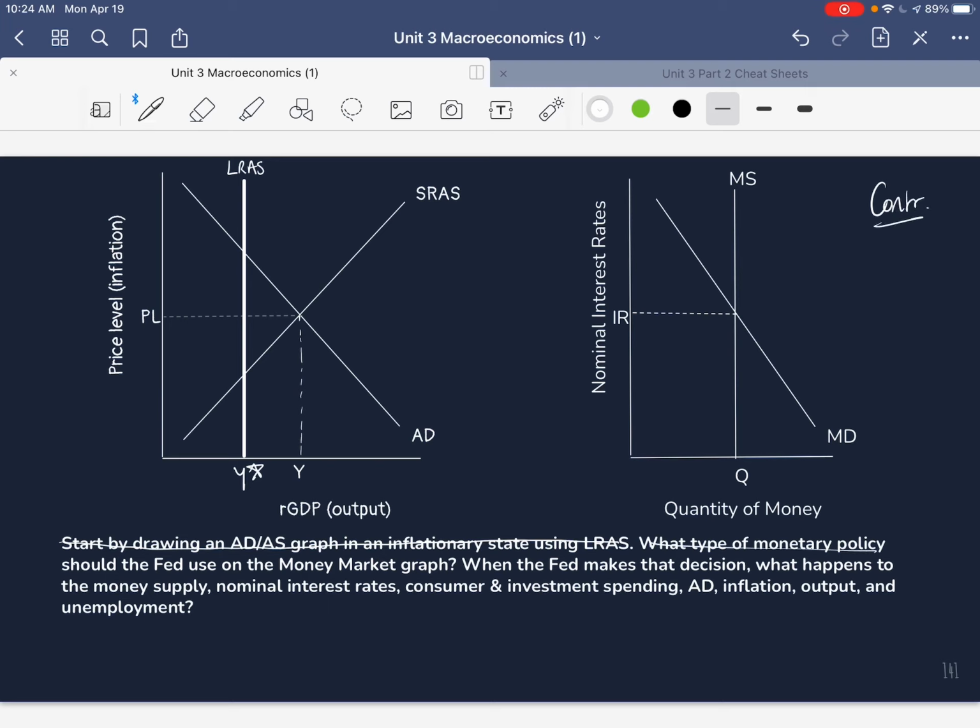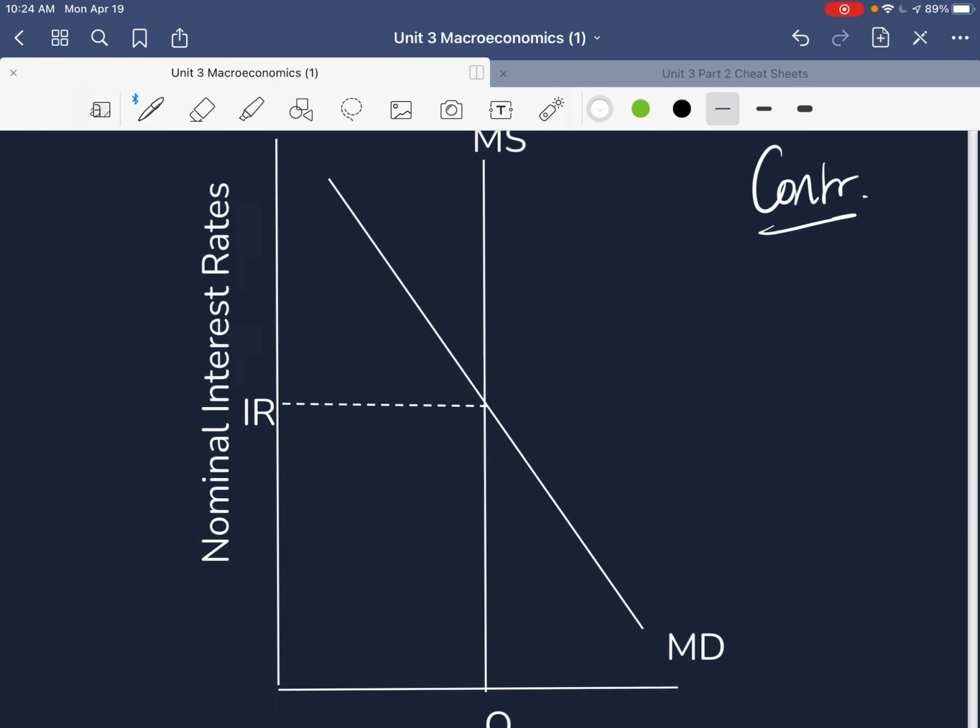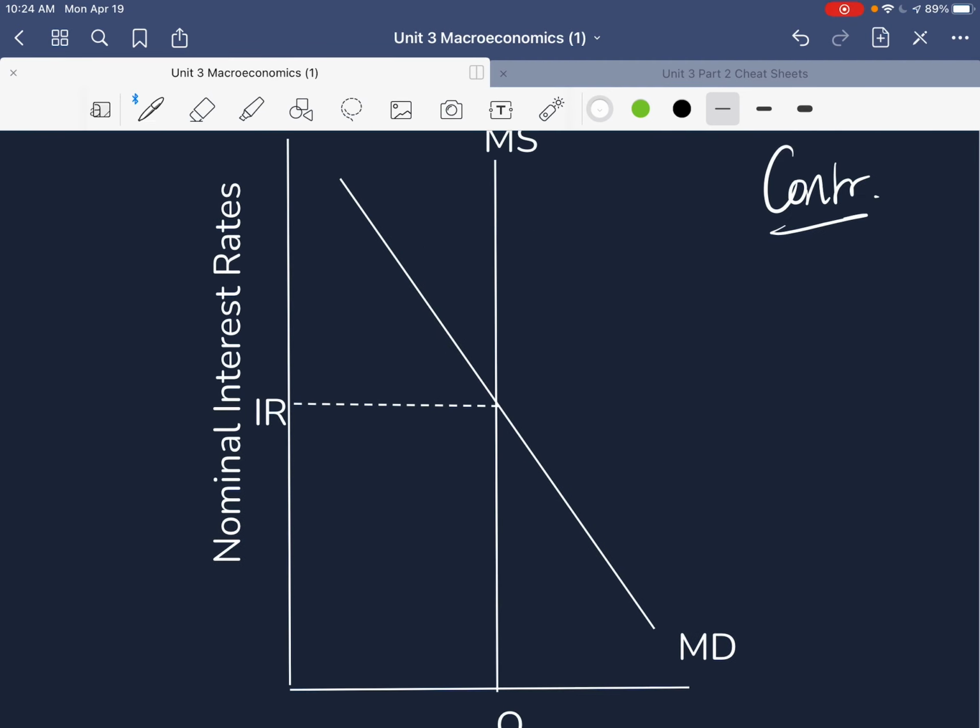Done. When the Fed makes that decision, what happens to money supply, nominal interest rates, consumer, all of this stuff. So first of all, let's talk, how do we contract the economy here? Well, we've got three options when it comes to money supply: reserve requirement, discount rate, and bonds. And we're back to what we already know. So if we want to contract the economy, we increase the reserve requirement. Banks have to keep more. We increase the discount rate.